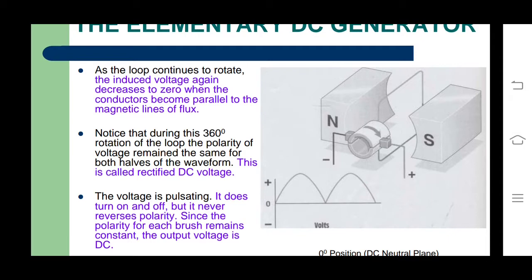As the loop continues to rotate, the induced voltage again decreases to zero when the conductor becomes parallel to the magnetic lines of the flux.